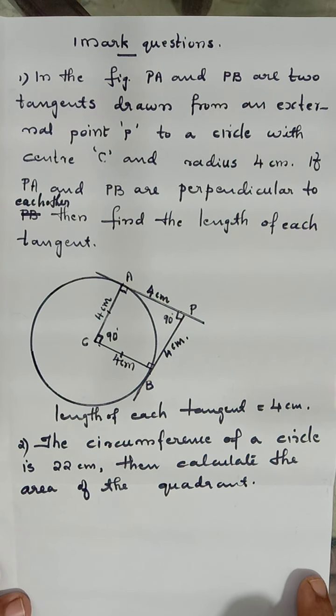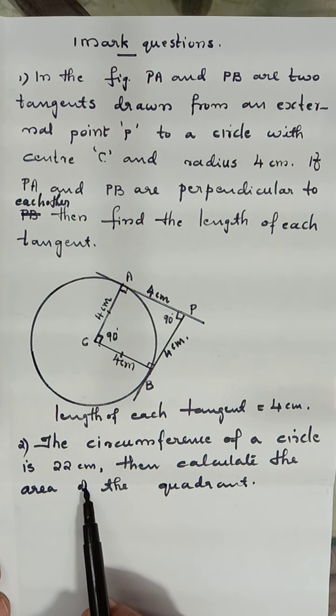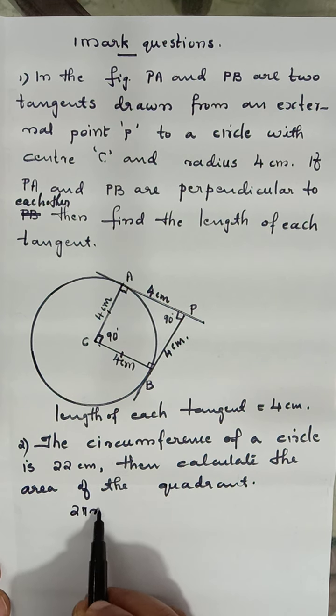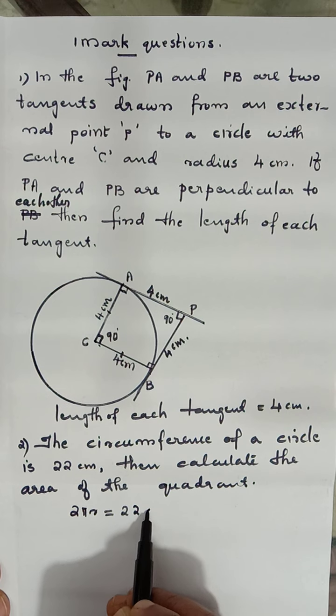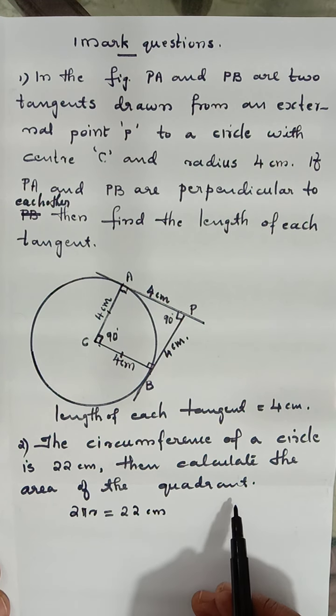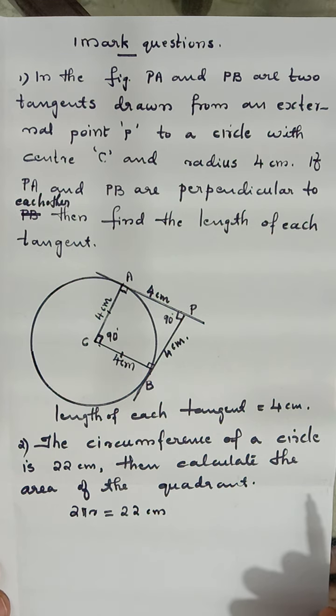Let us see the second question. The circumference of a circle is 22 cm. Given that circumference of circle 2 pi r is equal to 22 cm, then we have to calculate the area of the quadrant. We know a quadrant is a part of a circle, that is 1/4 of a circle, 1/4 of pi r square actually.